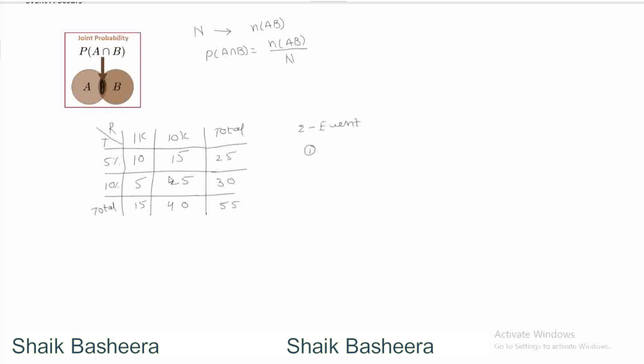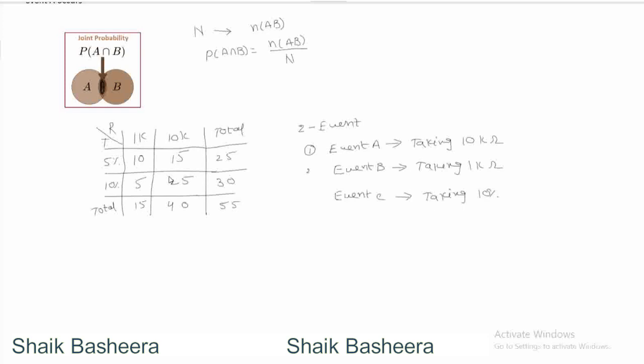Let's consider three events. Event A describes taking a 10 kilo ohm resistor, event B describes taking a 1 kilo ohm resistor, and event C describes taking 10% tolerance resistors.